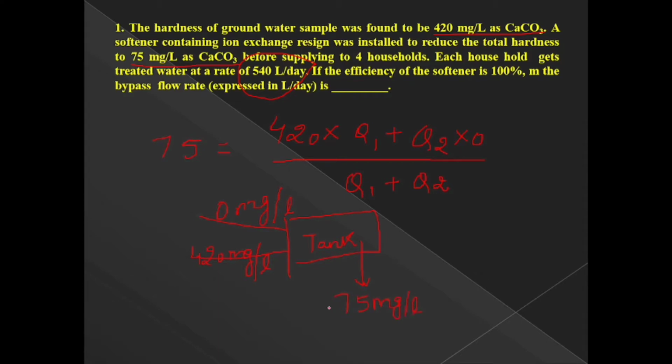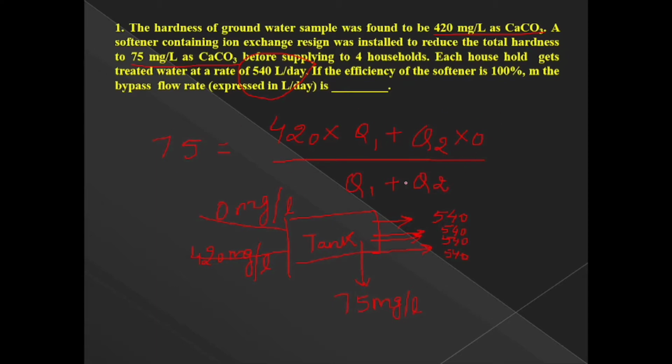From this tank, water has to be supplied to 4 households: 1, 2, 3, and 4. Each contains 540 liters per day, every house. So, my dear students, after calculation we have to find the value of Q1.